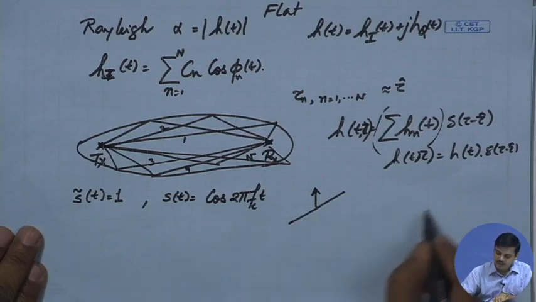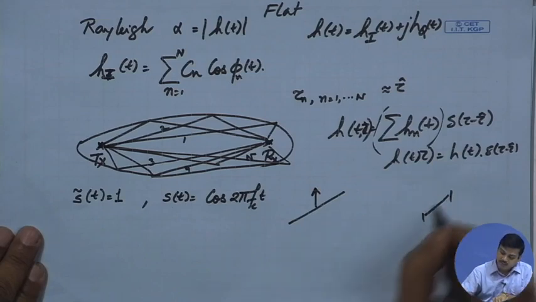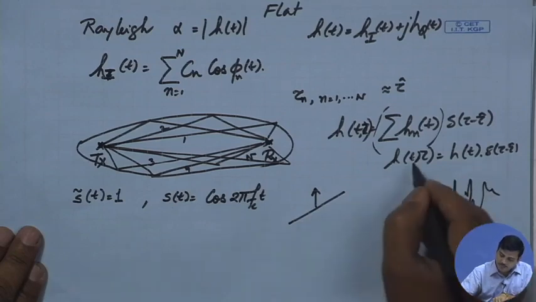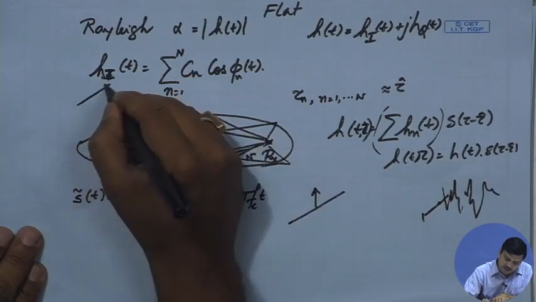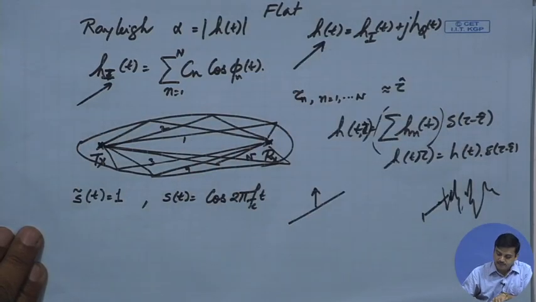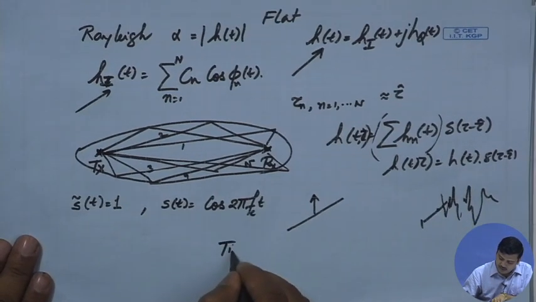However, when it is received across the band of interest, it was flat, but the amplitude that is received is fluctuating with time, and therefore we have h of t, h I of t and h Q of t, or h of t time varying. What we have said is it is time variant.